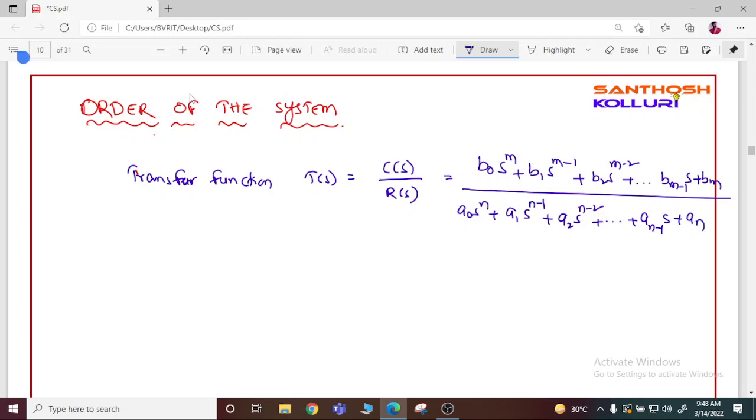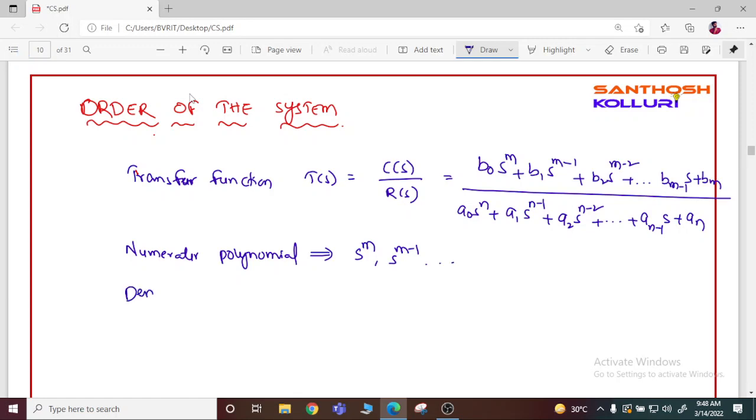So here the numerator polynomial is having the powers s power of m, s power of m minus 1, and so on.